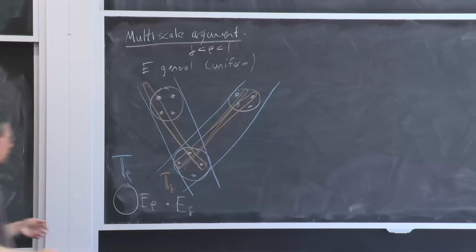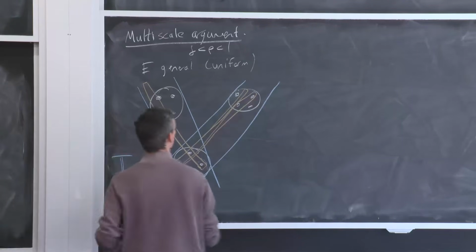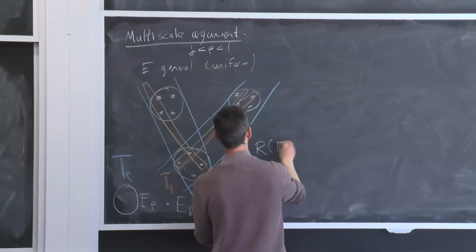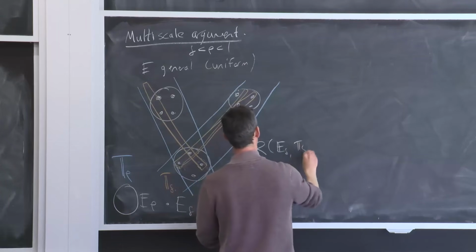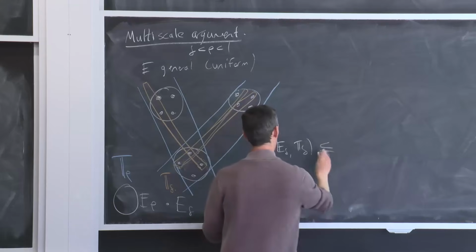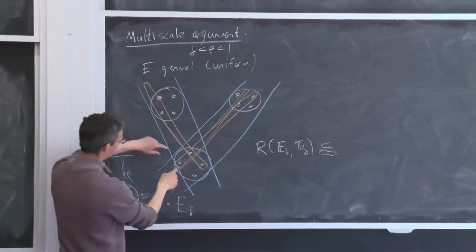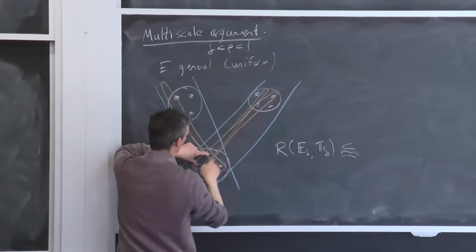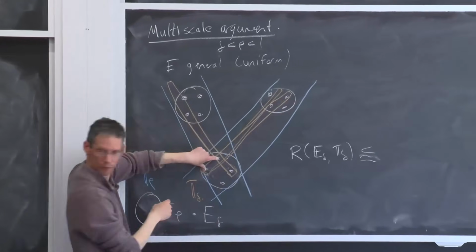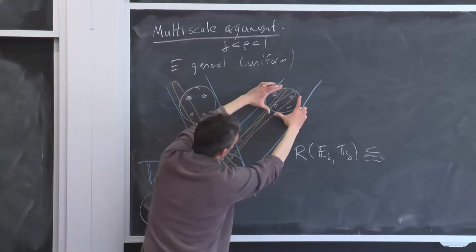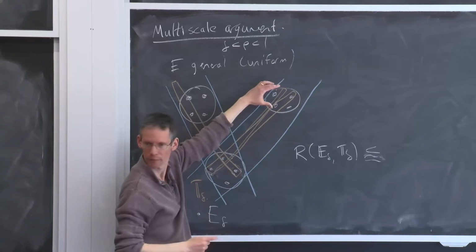OK. Now, what do we notice? We notice that the R that's associated to E delta and T delta can be bounded by a coarse scale. This R is how many delta balls there are in an orange tube, like this. First we can ask, how many rho balls does the orange tube hit?